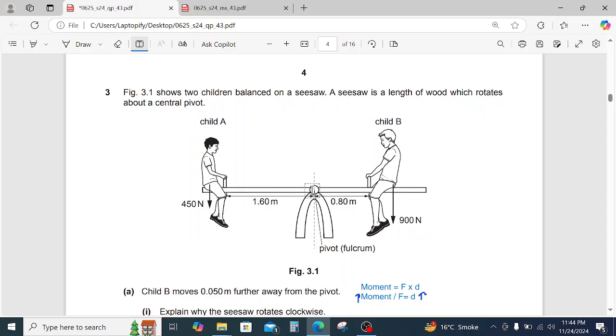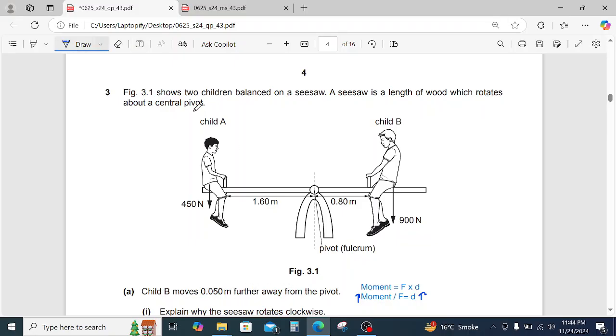This is your seesaw and this is your pivot point. Child A has a weight of 450 Newton and its distance from the pivot is 1.6 meter, and the distance of the second child B is 0.80 meter, and its weight is 900 Newton. And child B moves 0.05 meter further away from the pivot.